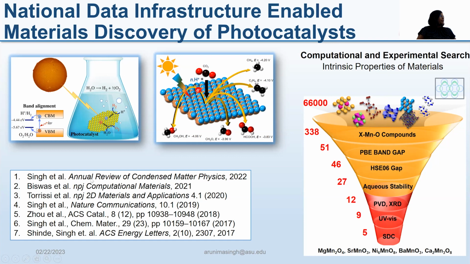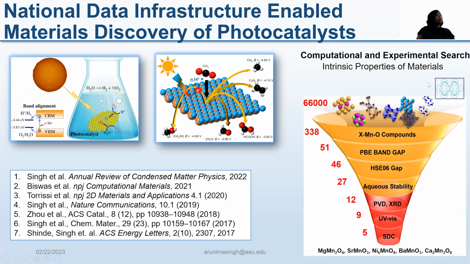Here I list some of the research we have done in the discovery of photocatalysts in these two areas. The most interesting one to me, and I think to this audience, is the specific example shown on the right-hand side, where we did a computational and experimental search.